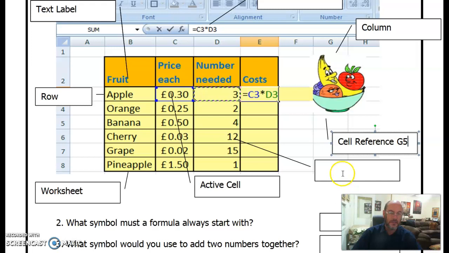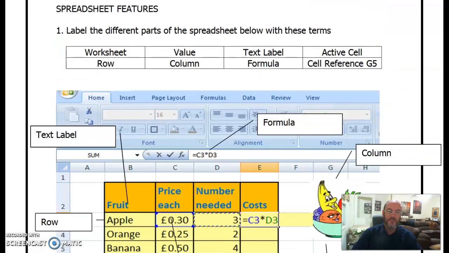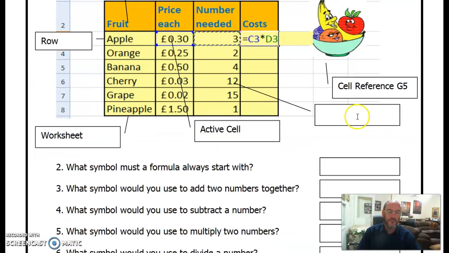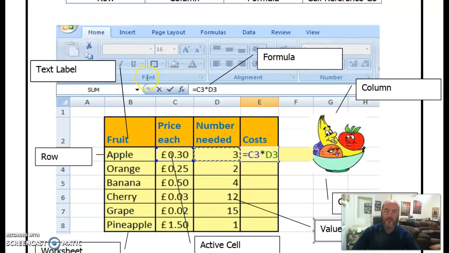Alright? Right here we have a number. While this is a formula, this is a number, a value. So let me copy the word value over there. Control V, value.